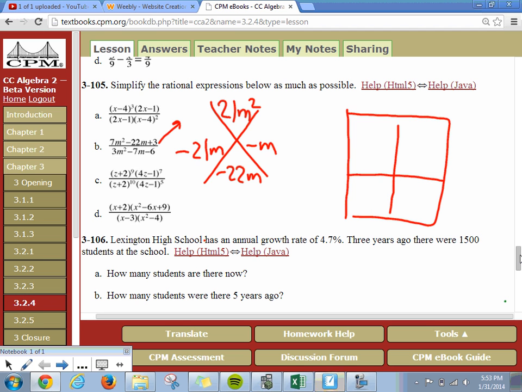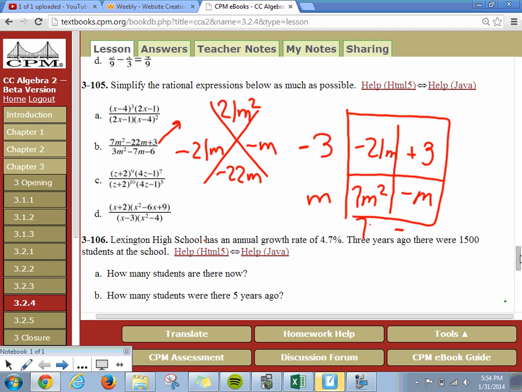Plugging that into our box, we have 7m squared, positive 3, and then we'll have our negative 21m and a negative m. So in order to multiply to get a negative and a negative over here, something here has to be negative.